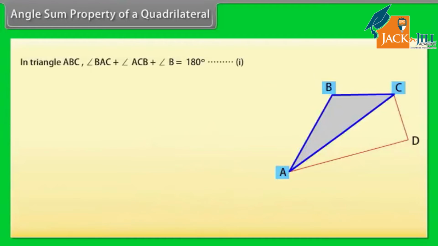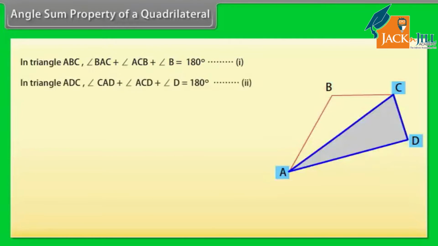Therefore, in triangle ABC, angle BAC plus angle ACB plus angle B is equal to 180 degrees. Mark it as 1. Similarly, in triangle ADC, angle CAD plus angle ACD plus angle D is equal to 180 degrees.